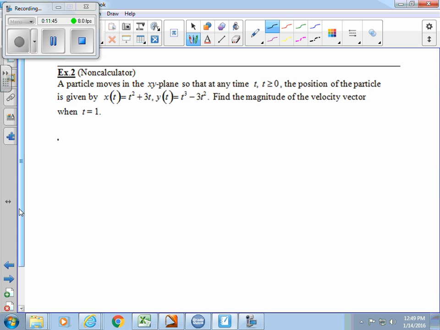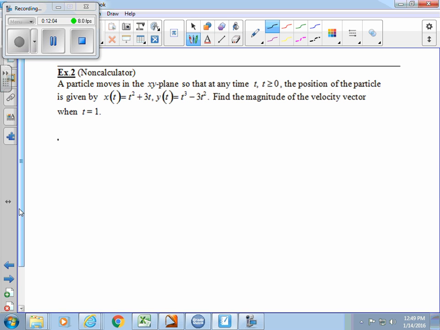Until you hear a phrase like "find the magnitude of the velocity vector," this could be a parametric problem, couldn't it? It's got an x-defined function, a y-defined function. So they feel very similar. That's why we teach them back to back.